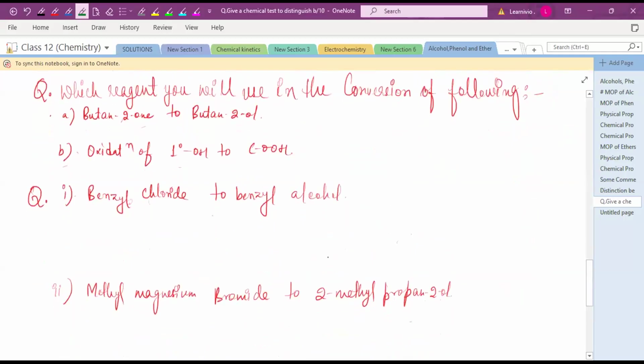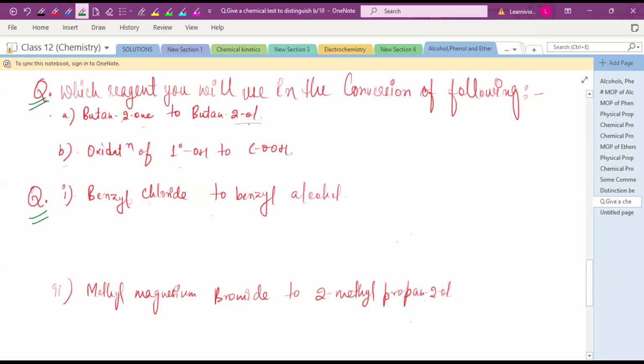Okay, so first question, I will give you some time. Just do this question. Which reagent you will use in the conversion of the following? First is your butane 2-one to butane 2-ol. Butane 2-one means ketone, से आपको क्या form करना है? Alcohol.